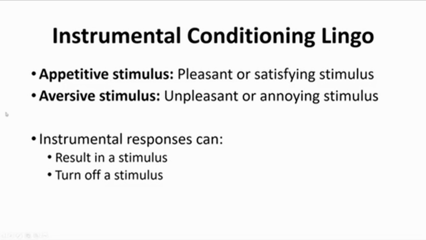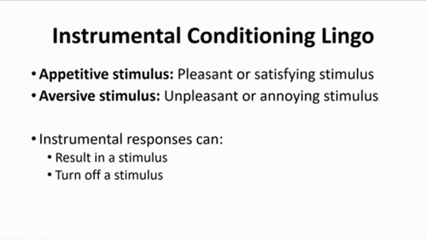We can have an appetitive stimulus, which is something that is pleasant or satisfying. I use the idea that it has the same root as appetite, as something that you might want to eat, so it's something good. That's how I remember it. We can also have an aversive stimulus, which is the opposite. So an aversive stimulus is something unpleasant or annoying.